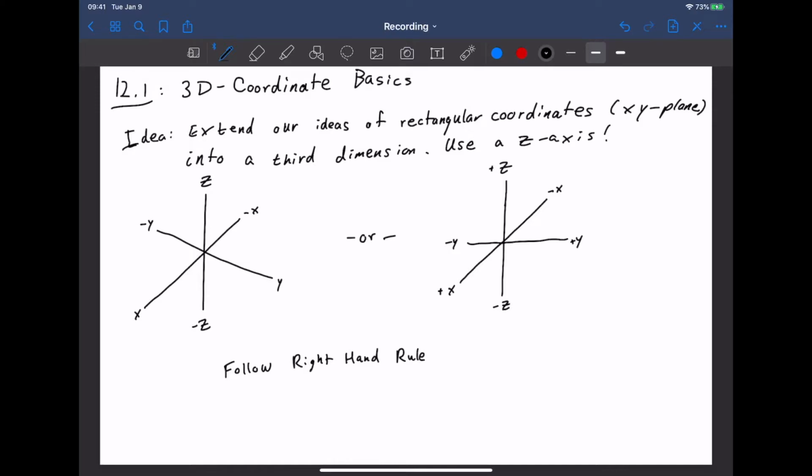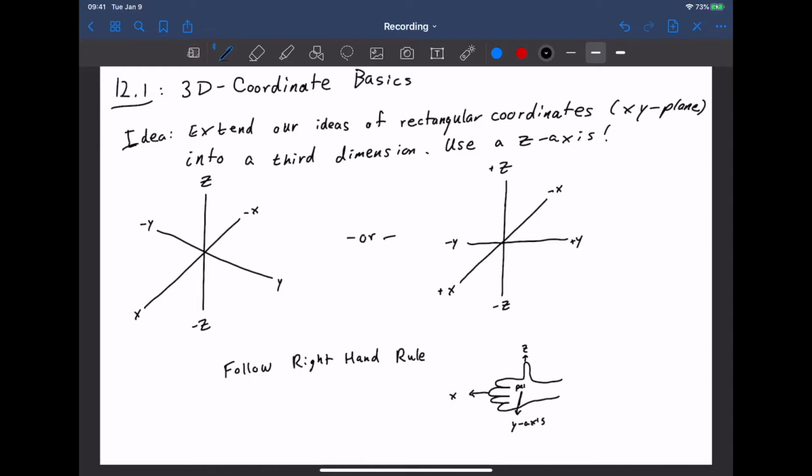If you picture a right hand, this would be the z-axis, so it's a right hand, be careful. I'll say why in a second. If you point your fingers along the positive x-axis, and your thumb is pointing along the positive z-axis, your y-axis is coming out of the palm of your hand.